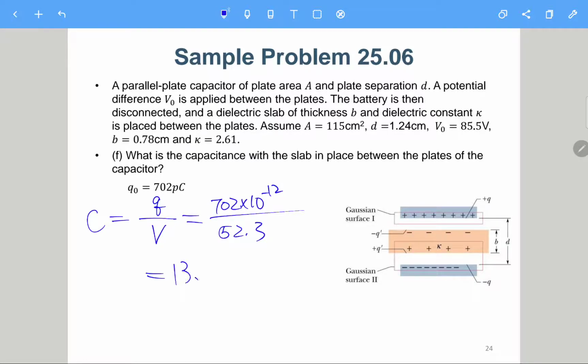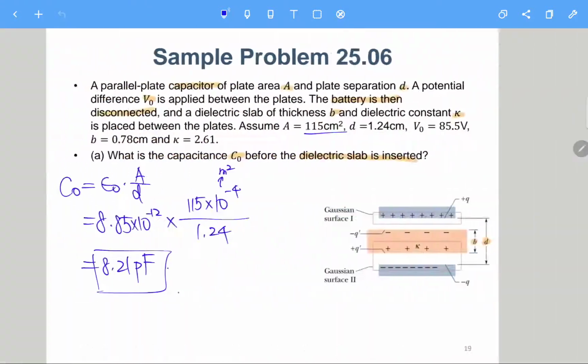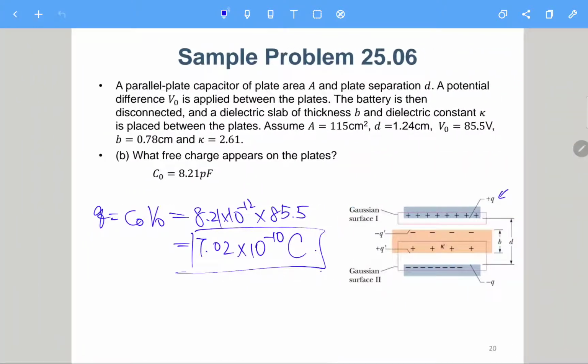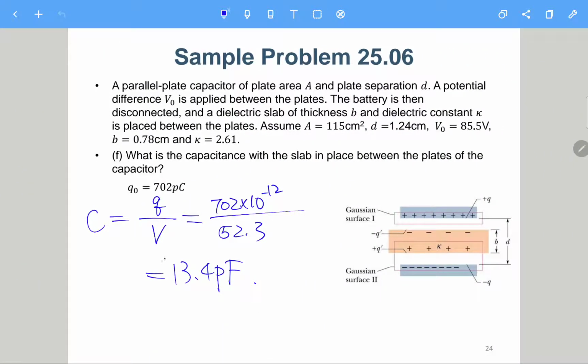So finally it will be 13.4 picofarad. Originally, C0 is 8.21 picofarad. So it becomes larger.